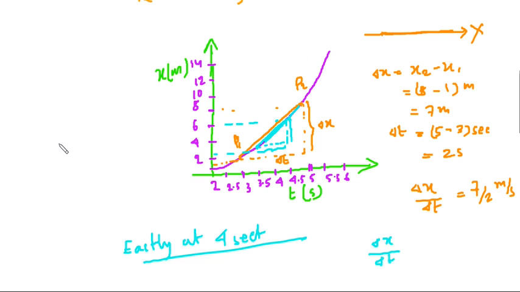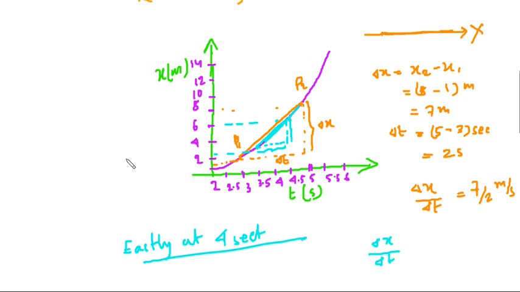So finally, what is instantaneous velocity? You draw a position time graph, and you take any time, and you just draw a tangent to the position time graph at that time. The slope of that tangent becomes the instantaneous velocity at that time.